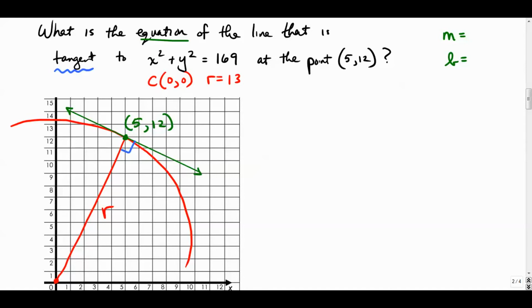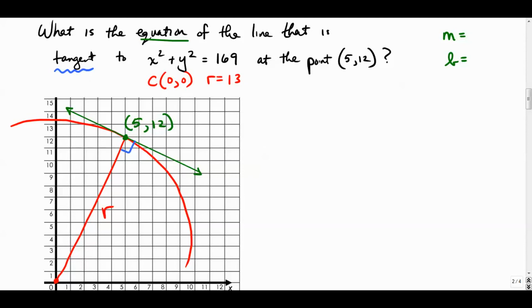So if you're looking at a circle and you have a point of tangency, there's a radius that goes to that point that's perpendicular to this tangent line. That's the rule. So if we figure out the slope of this radius, we should be able to figure out the slope of our line by taking the negative reciprocal, or the opposite reciprocal.